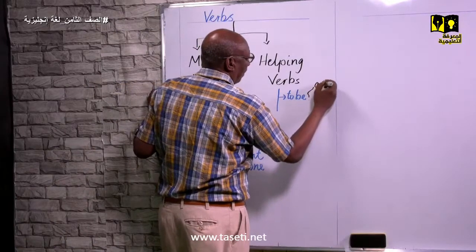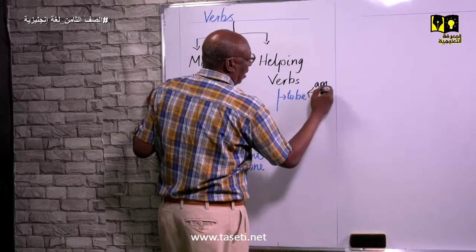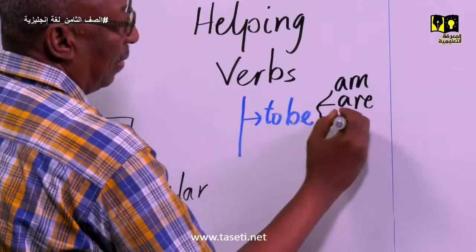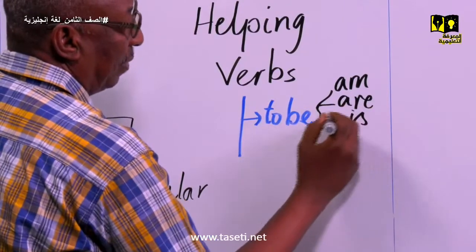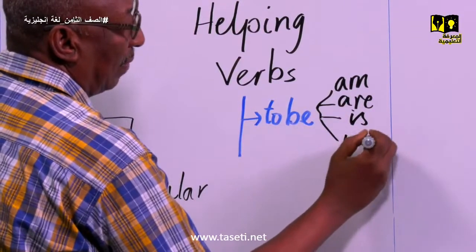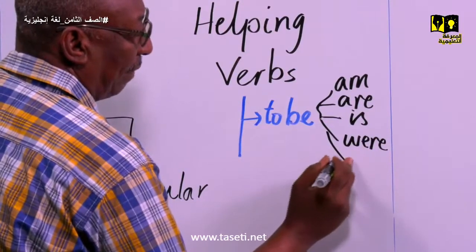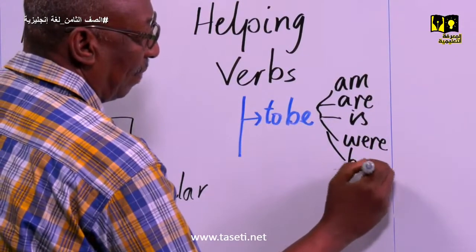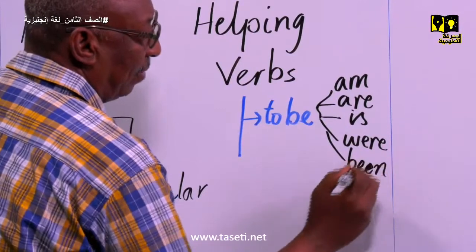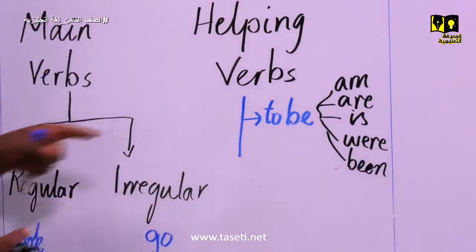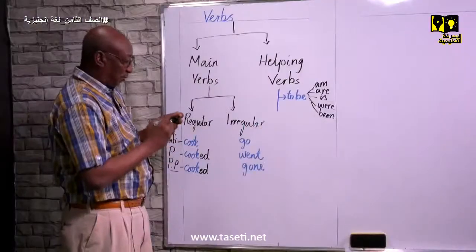Am, are, is, were, and been. These are the helping verbs, and the first one is the verb to be.